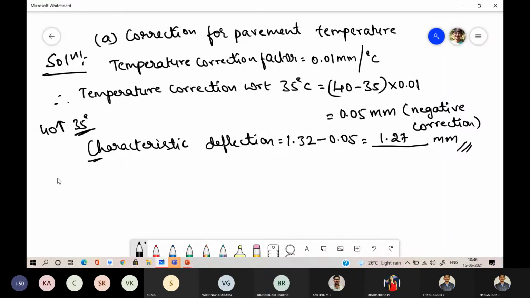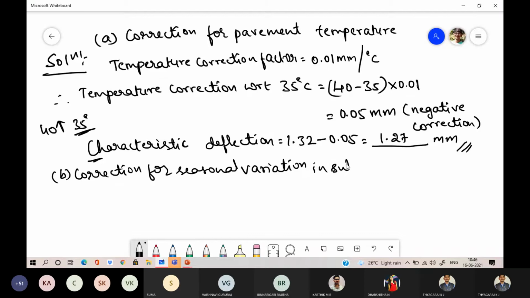Next is correction for seasonal variation in subgrade moisture. Take the heading as correction for subgrade seasonal moisture. What type of soil is it?